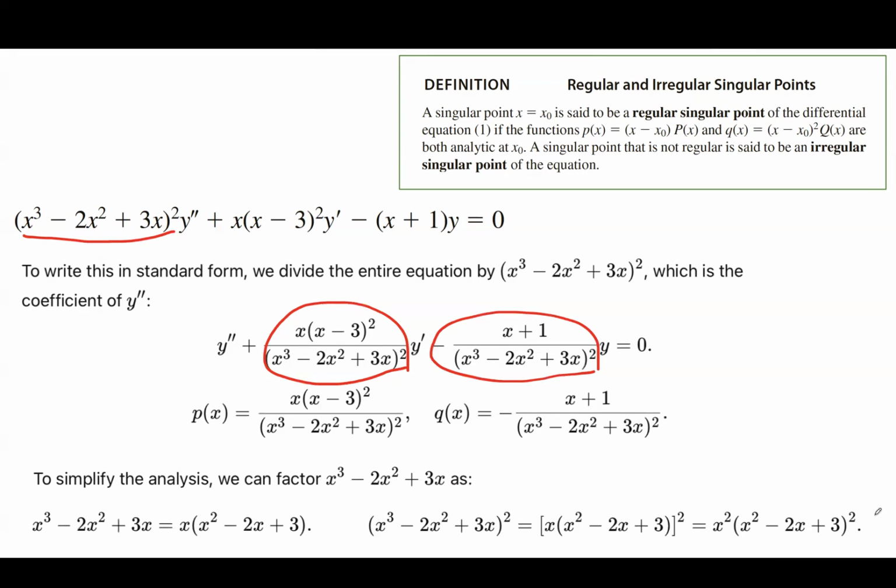If you set this equal to 0, x is equal to 0. And for the other factor, you get a complex solution. So let us analyze the behavior at x equal to 0, because this is the only real solution for this denominator.